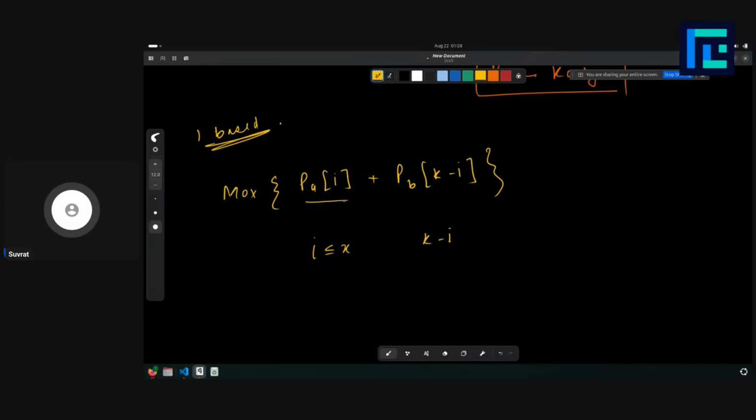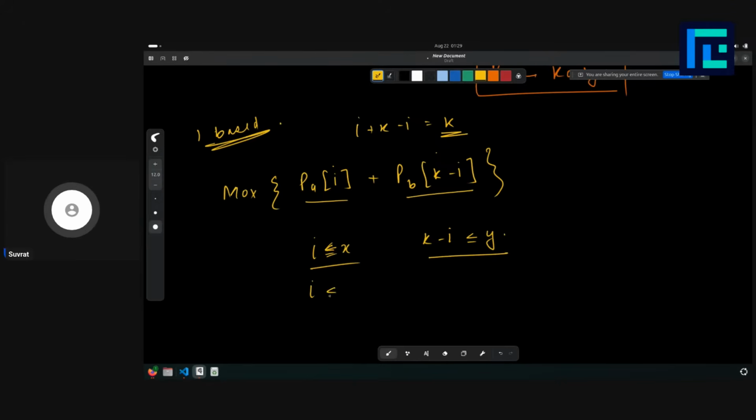So PA of I plus PB of k minus I. And the constraints that we have is I must be less than or equal to x, and k minus I must be less than or equal to y. Right, and already I plus k minus I is equal to k. So the sum of both Vadim and Kostya is equal to k, but we need to make sure these constraints hold.